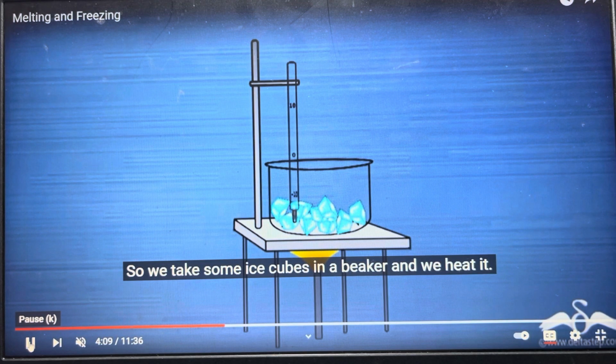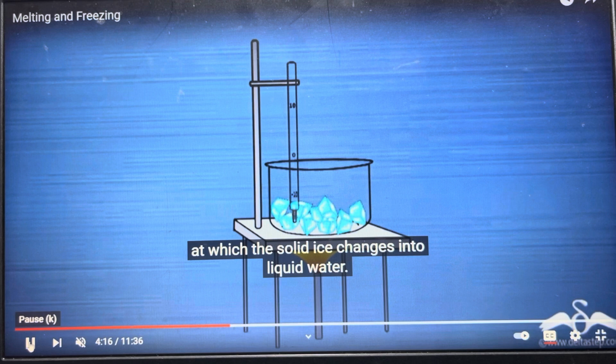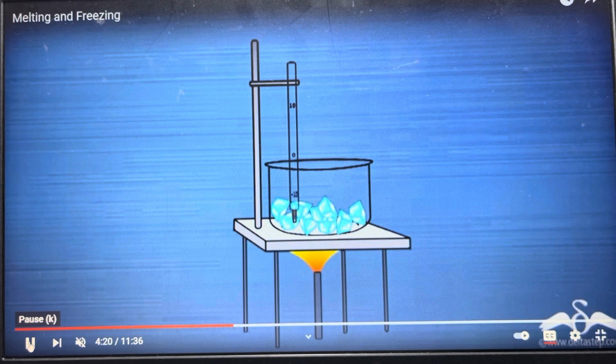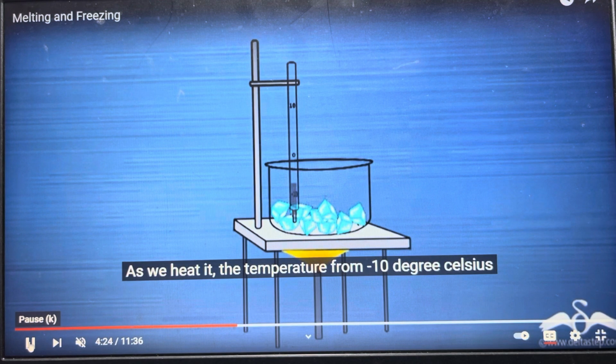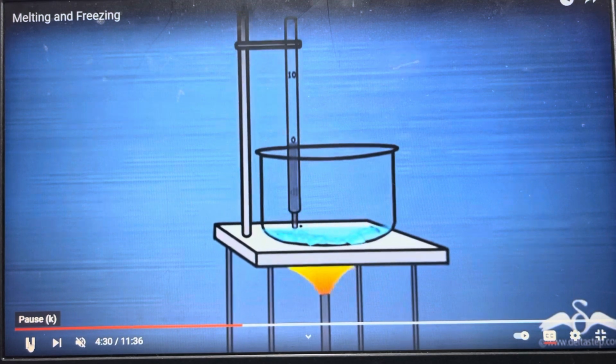So we take some ice cubes in a beaker and we heat it. There's a thermometer to check the melting point of ice, at which the solid ice changes into liquid water. As we heat it, the temperature rises from negative 10 degrees Celsius to 0 degrees Celsius.